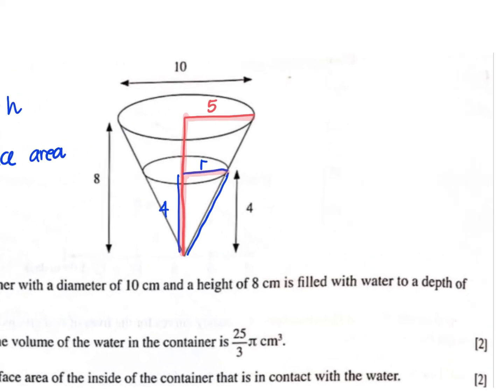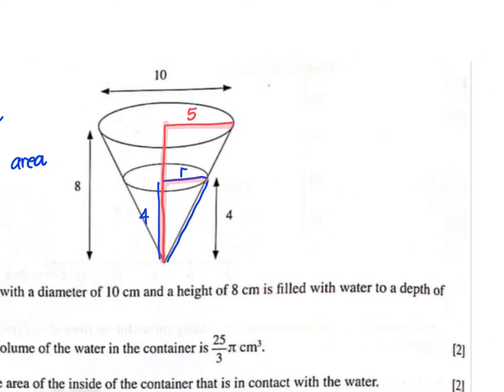We can find that the ratio of all the different sides are in equal proportion. So if I were to find the radius, this is my r, right? So the radius of the small one over the bigger radius, which is 5, will be equal to the ratio of the height of the smaller one over the height of the larger one, which is 8. And from here, 8 divided by 2 gives you 4, so 5 divided by 2 will give you r. Or you can do cross multiplication, right? r will definitely be 2.5 cm.